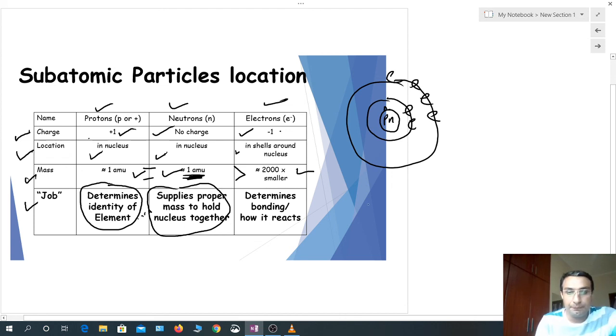Since electrons are very, very light compared to the mass of protons and neutrons, the majority of the mass of an atom is supplied by protons and neutrons.